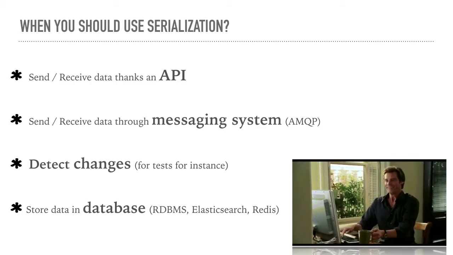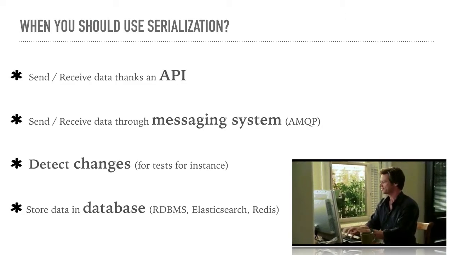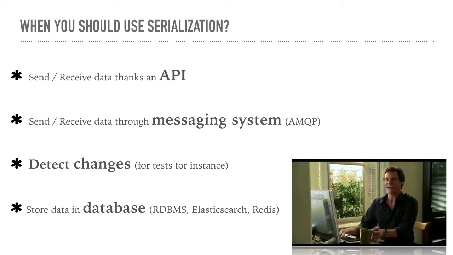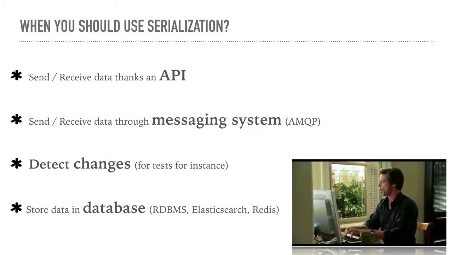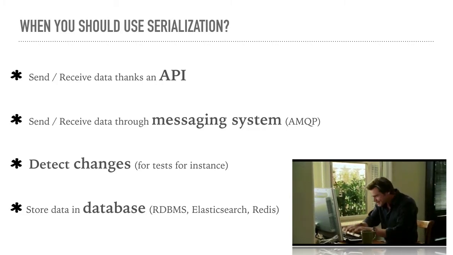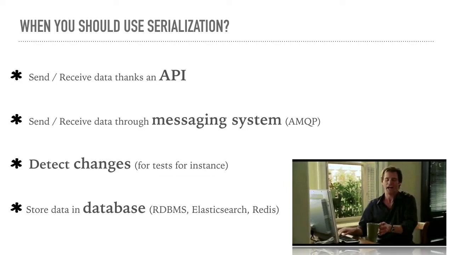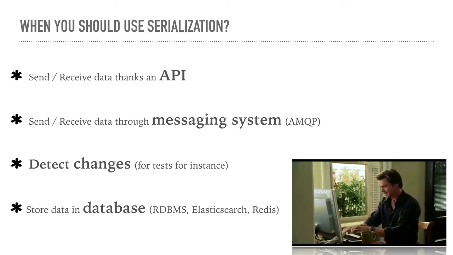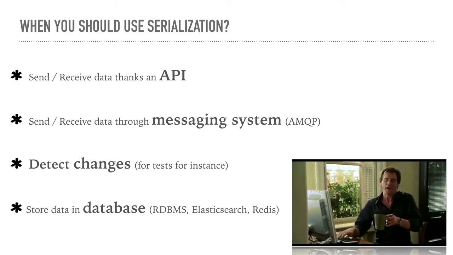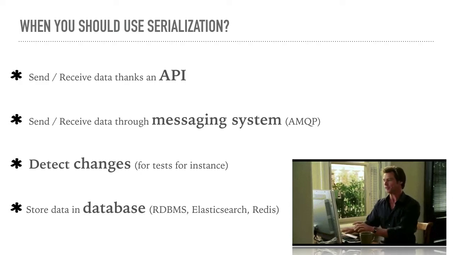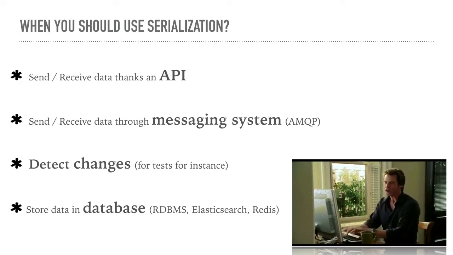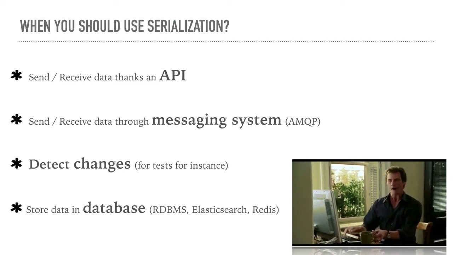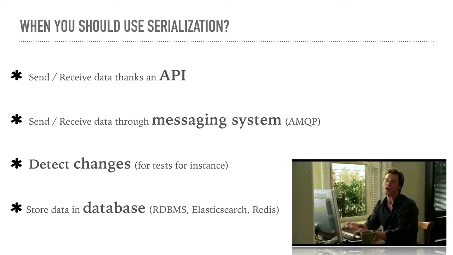OK, last thing about serialization is when you should use it as a developer. First thing is to send or receive data thanks to an API. When you are creating an API, you want to make sure that when you receive information, it's going to be in a certain format. So deserialize all the things, or serialize data when you want to send information to your user. The other use case could be when you are using messaging systems, like RabbitMQ with the protocol AMQP.